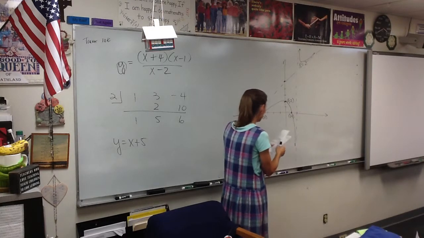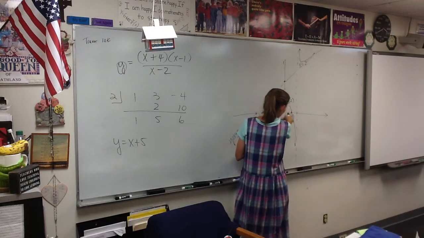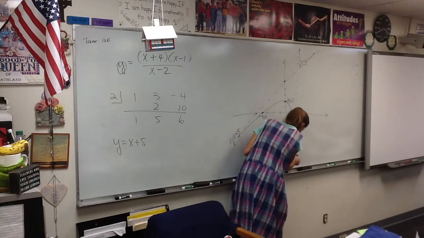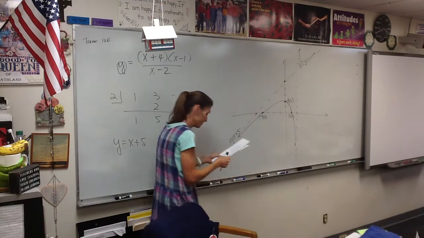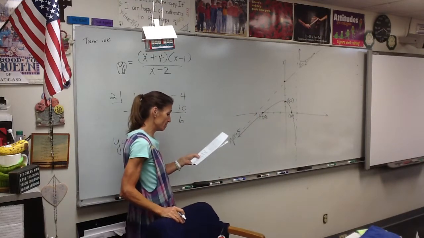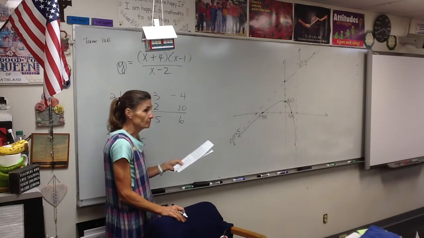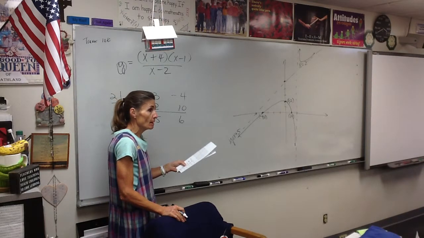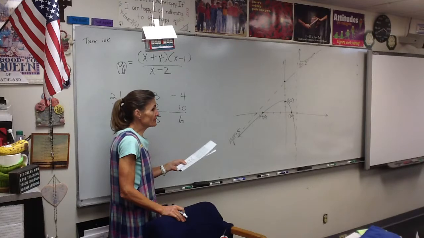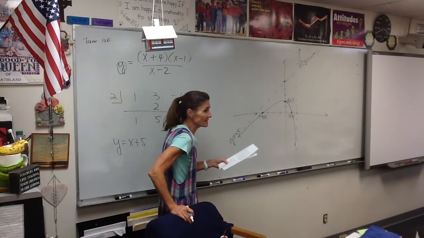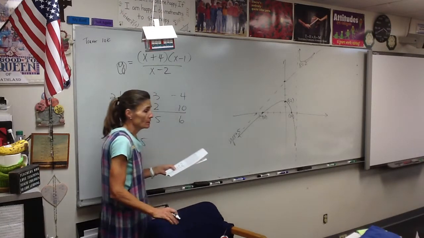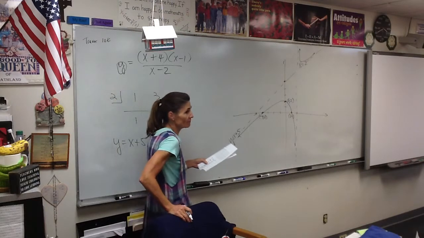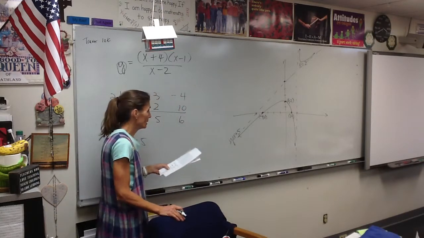We're approaching 2 from the negative side, so what are we doing? Negative infinity. If it's negative infinity, you're just heading down.